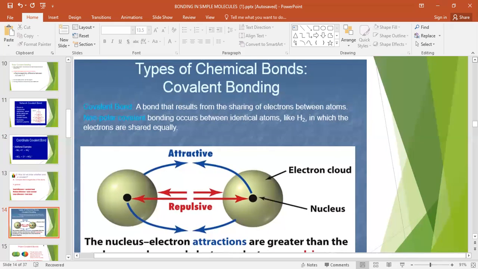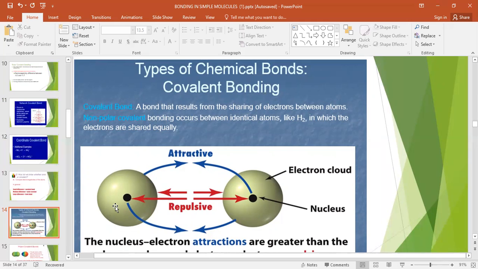One has greater electronegativity, another has smaller electronegativity. So always the element with the higher electronegativity attracts the other element towards itself. Like chlorine here, 3.2, but hydrogen 2.2. So chlorine will attract hydrogen towards itself to form a chemical bond.